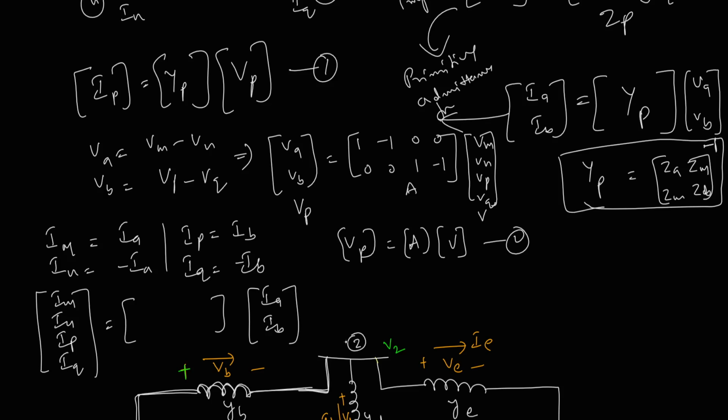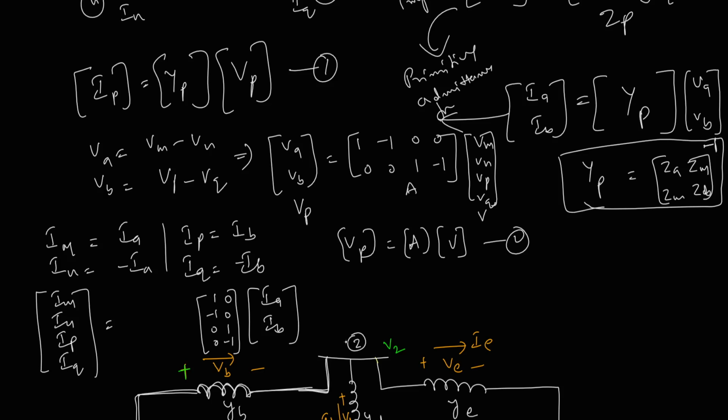So IM is simply IA, and IN is minus IA, so this is 1, minus 1, 0, 0, and IP is IB, and IQ is minus IB.